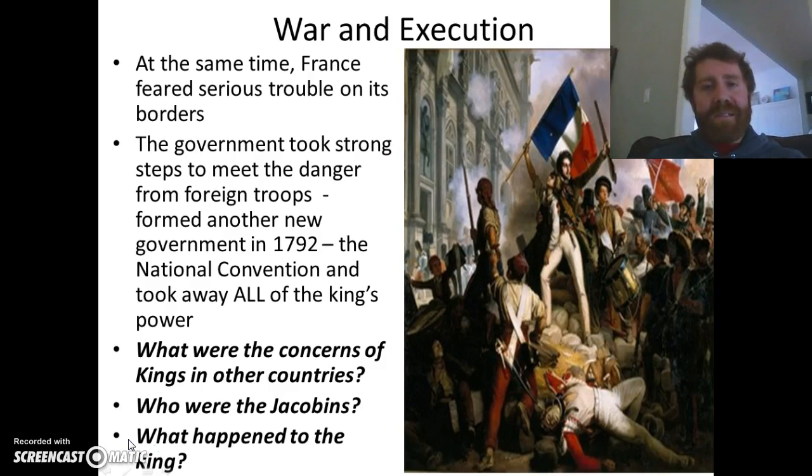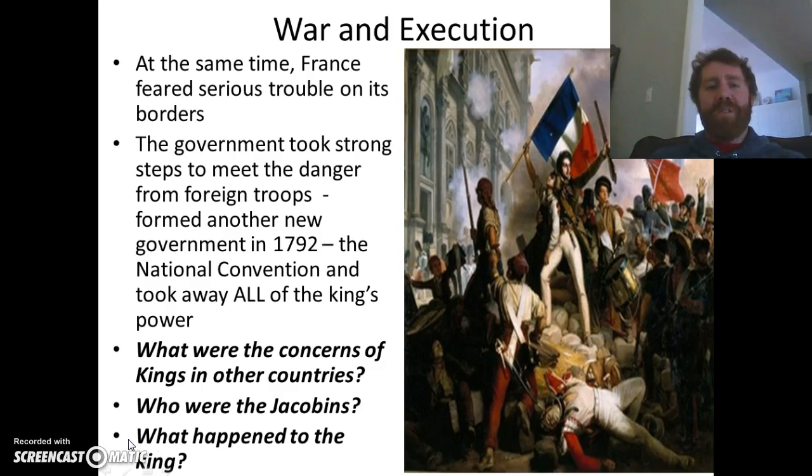In response to this, French citizens stormed the prisons in Paris and massacred about 1,000 royal supporters that had been imprisoned. This was known as the September Massacres.